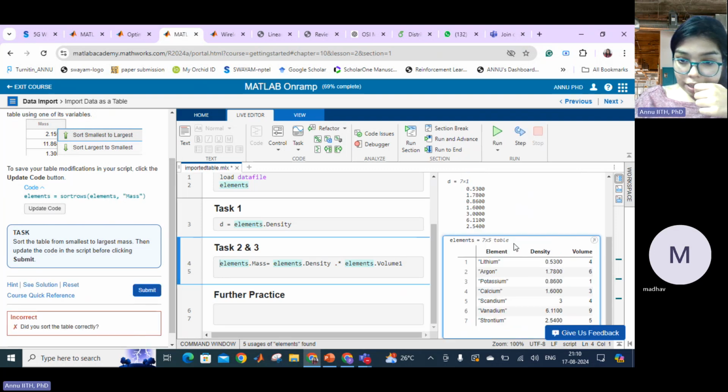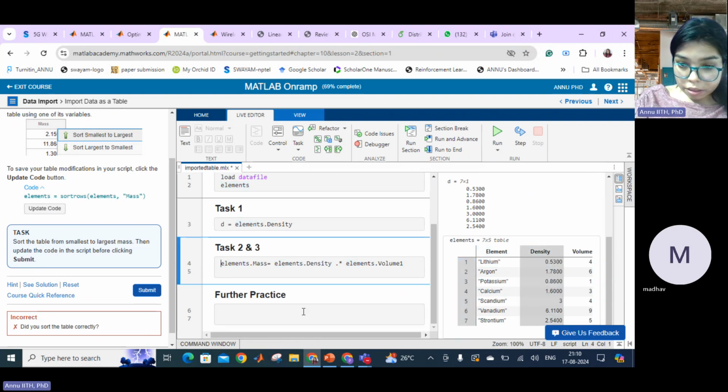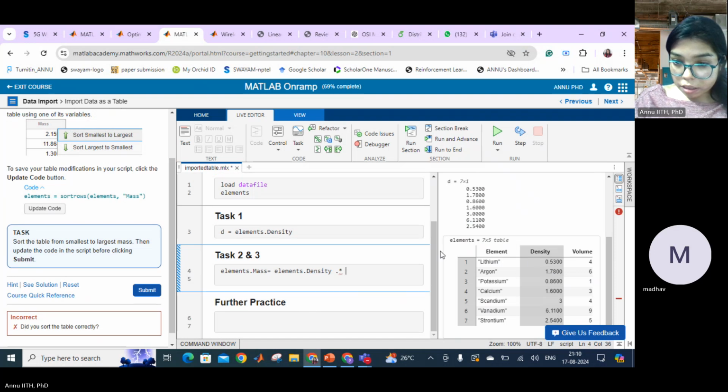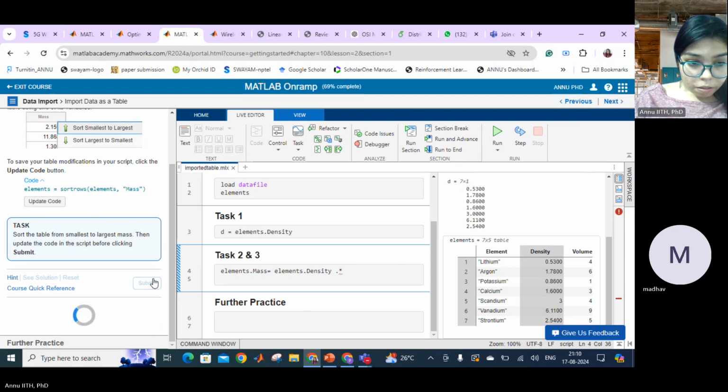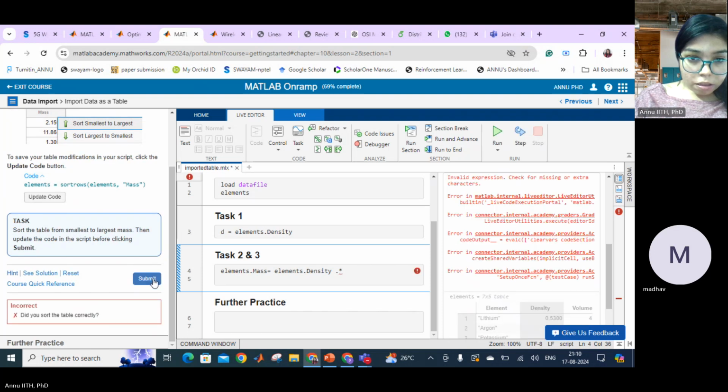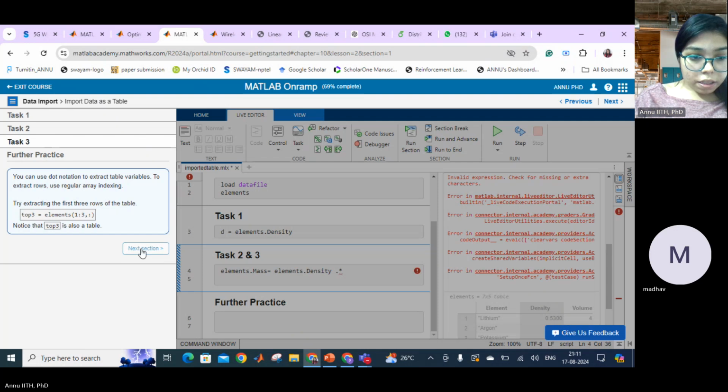Did you sort the table correctly? So let's move ahead. So I don't know.